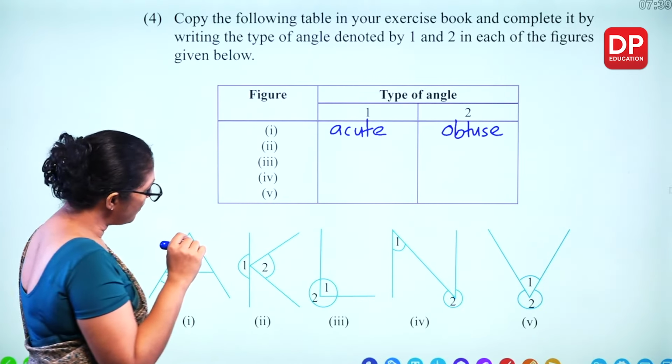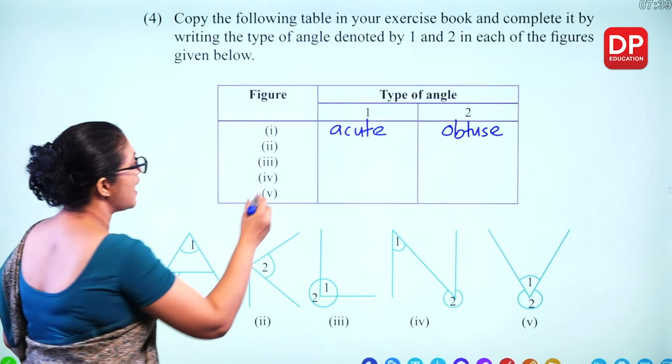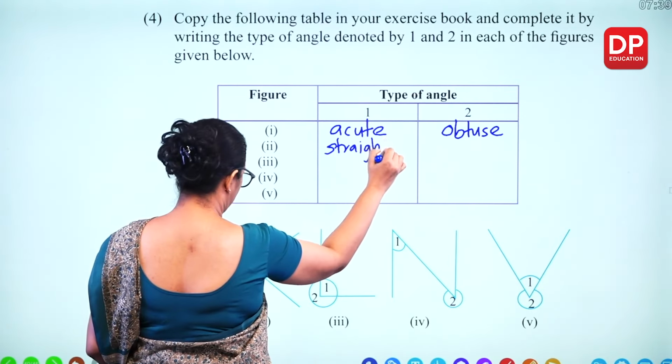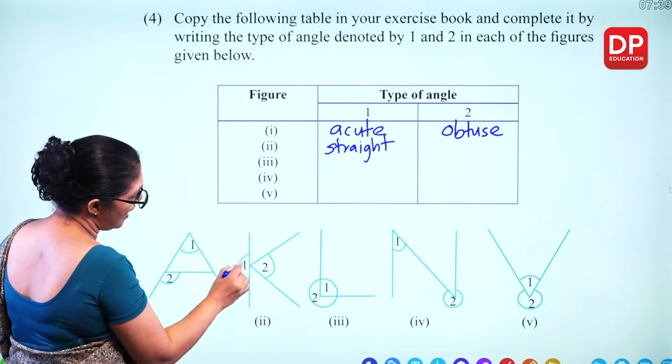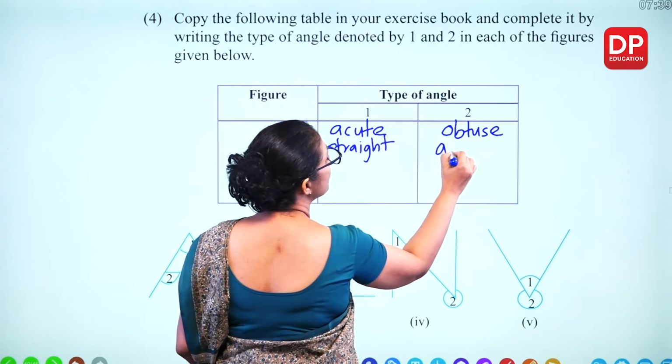In the second diagram, it's a straight line. So 1 is a straight angle and 2 is less than a right angle, so acute.